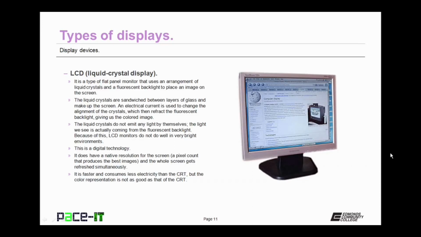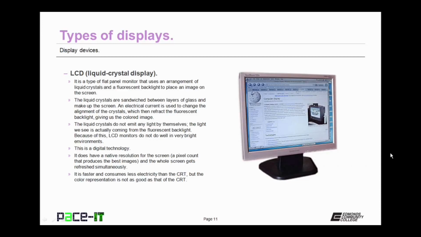An electrical current is used to change the alignment of the crystals, which then refract the fluorescent backlight, giving us the colored image. The liquid crystals do not emit any light by themselves. The light we see is actually coming from the fluorescent backlight. Because of this, LCDs do not do very well in bright environments.